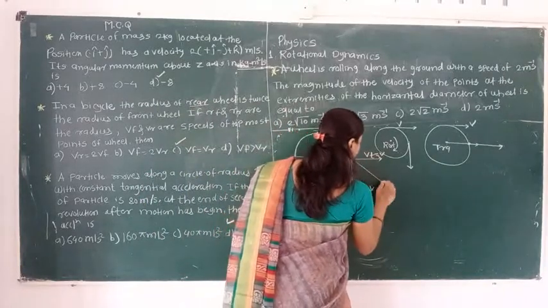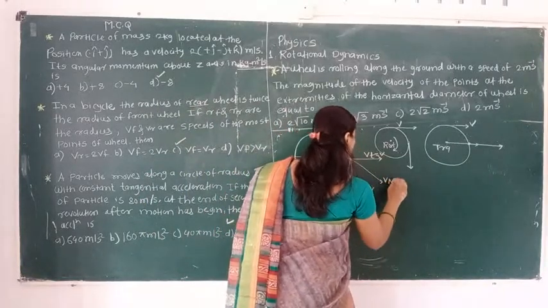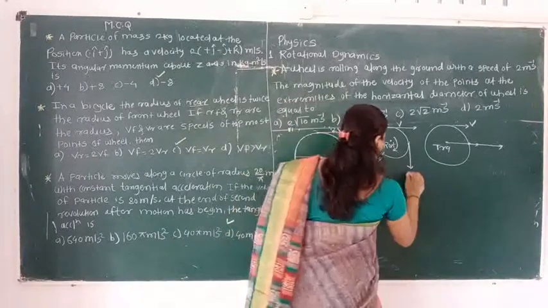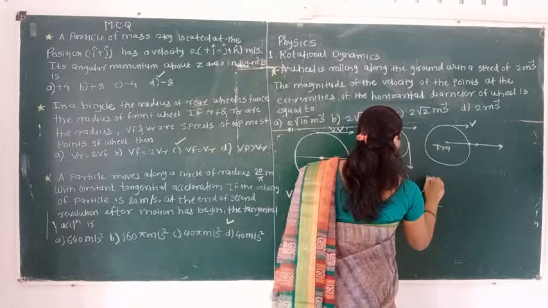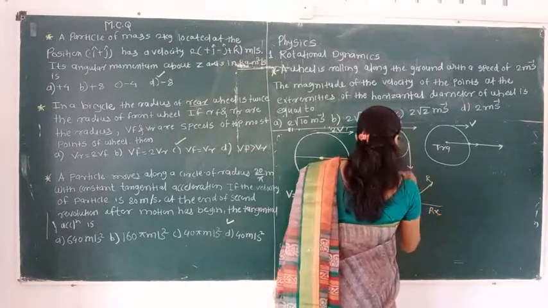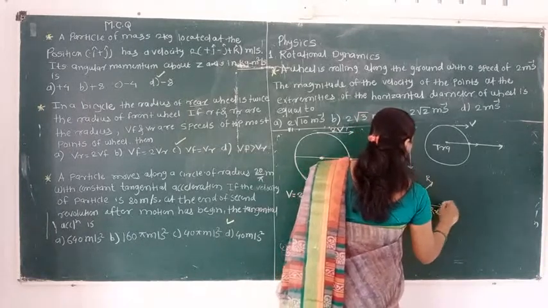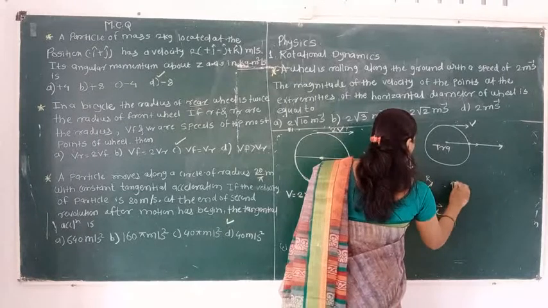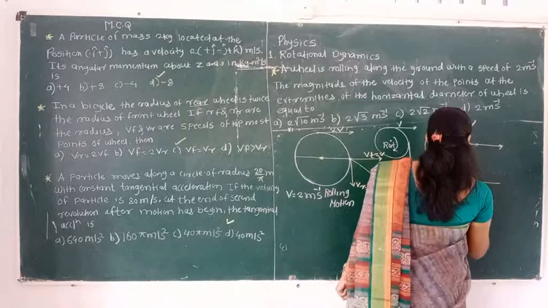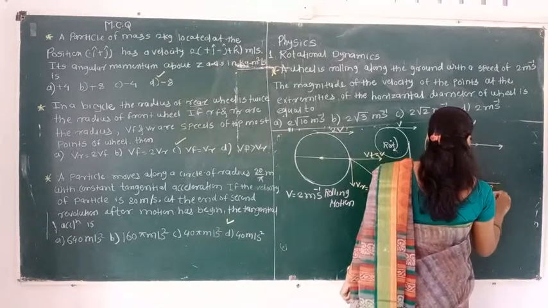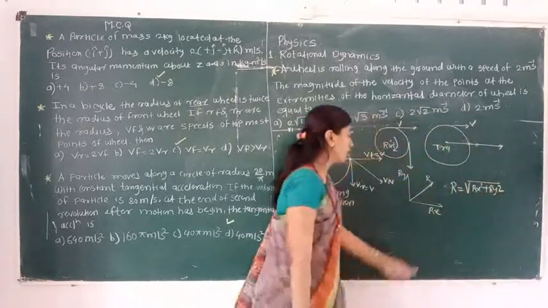We have to find the net velocity, using the resolution of vectors. If you remember from 11th standard, for a vector r with components rx and ry, the magnitude of r is the square root of rx square plus ry square. We know that formula.